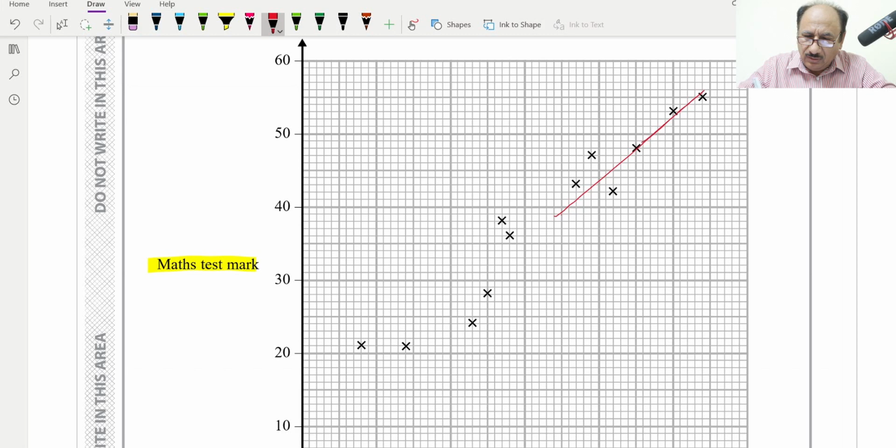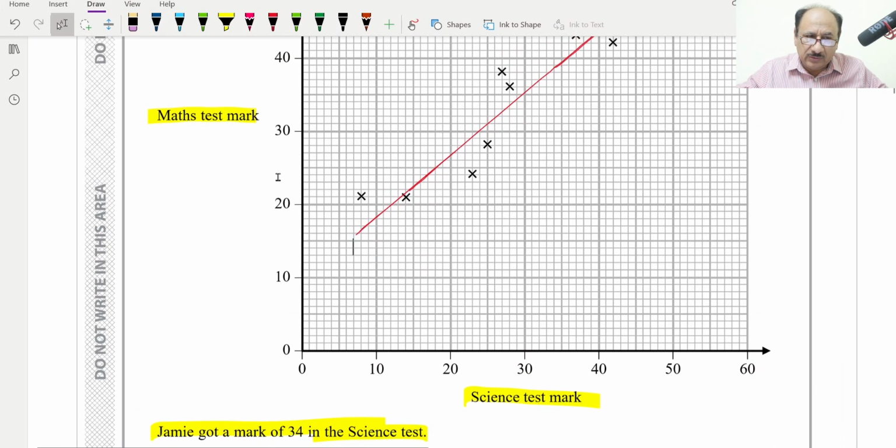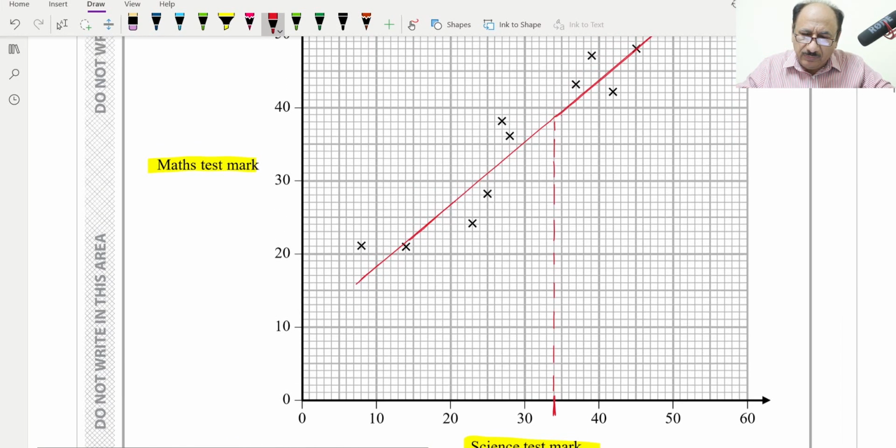Roughly I'm going to draw the line of best fit, which is like this one. We can extend this a little more like this. After drawing this line of best fit, we can check for 34 in science. 34 in science is this reference, and we can draw this reference line. We can draw a dotted line or even a solid line, that makes no difference, and we will check the value on this side.